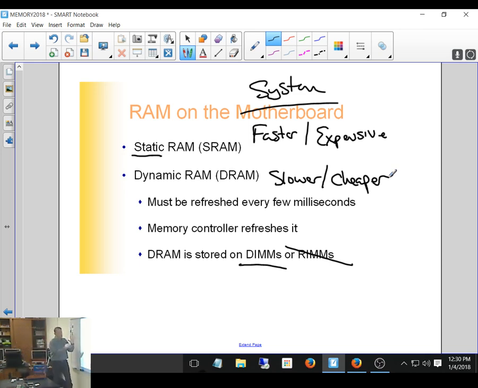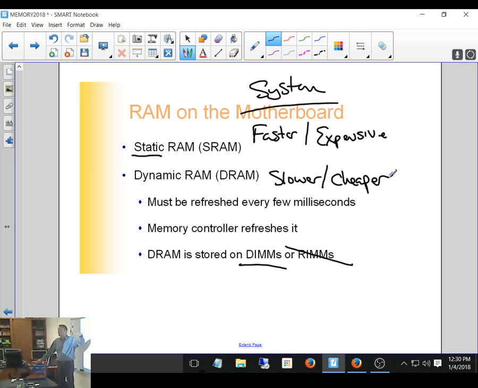Now, just by this alone, if we use both of those, one of them's in one and one's in the other, which one would you assume is probably the faster, more expensive one? Cache on the CPU or system RAM? It's cache. Cache is really fast and it's really expensive.